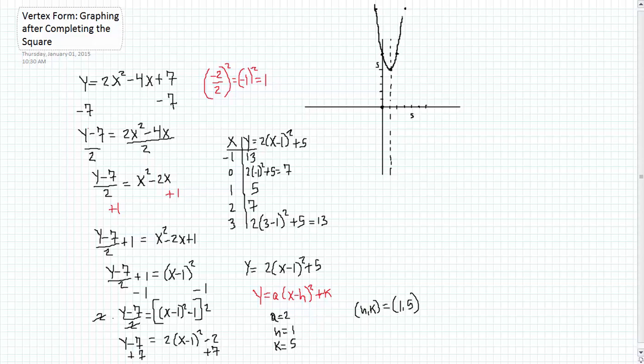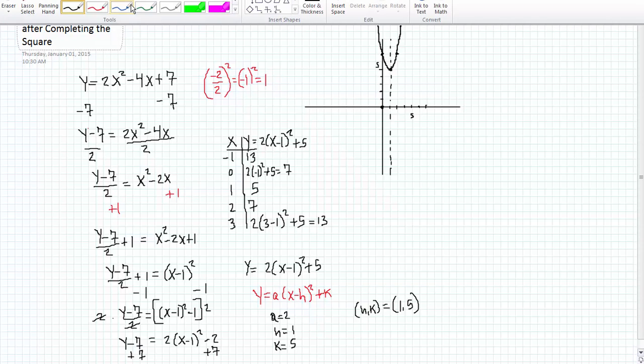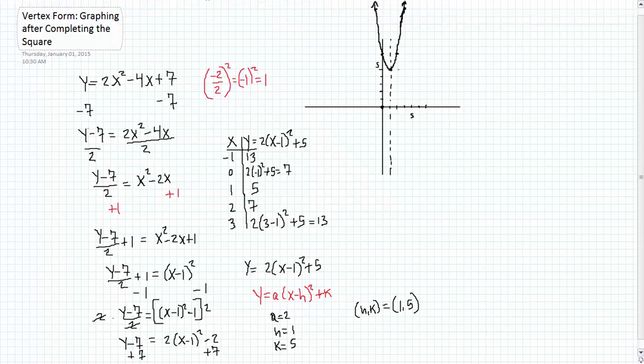And bear with me, that should have gone through there. Sorry about that. Now, when looking at this parabola, again, we want to label the vertex and maybe a few points. I'll proceed to label all of them in, let's say, green. This is the point (1, 5). This is the point (2, 7).